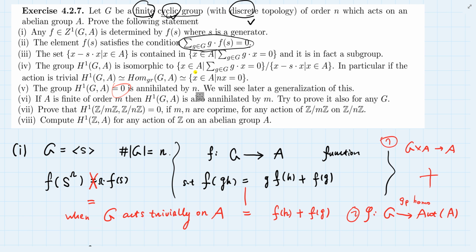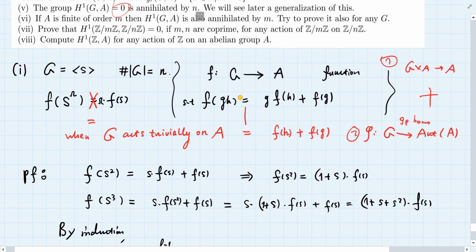Okay. The third one says the set x minus s acting on x, containing something like the trace, is in fact a subgroup.